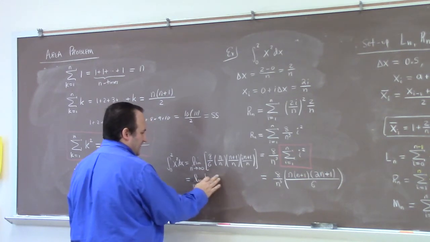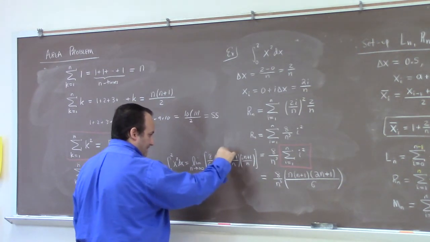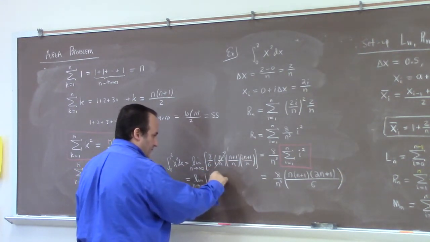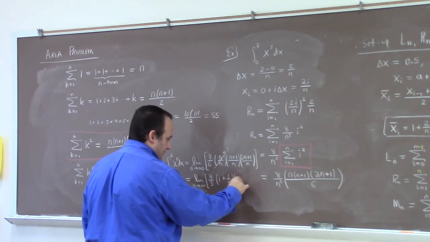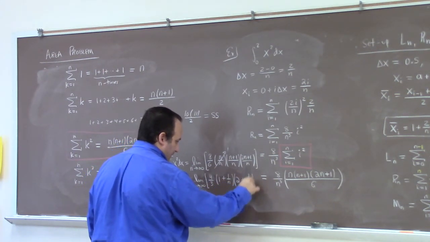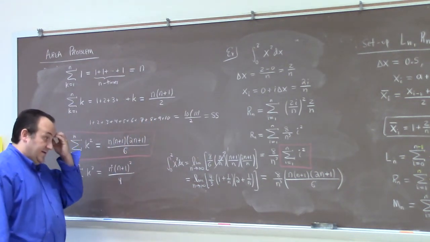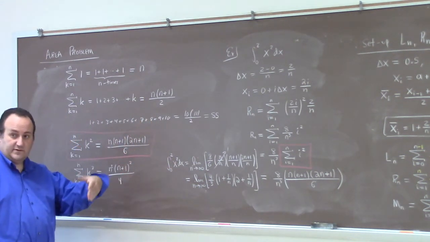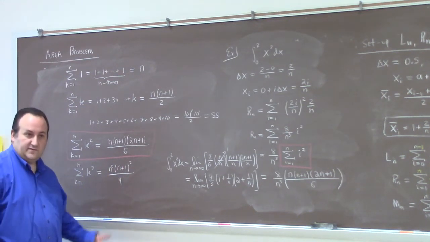We could write that as 4/3, right? 4/3, and this goes to 1. And then we've got 1 plus 1 over n, and then 2 plus 1 over n. And as n goes to infinity, the factors there go to 1 plus 0 and 2 plus 0, so the limit is 8/3.